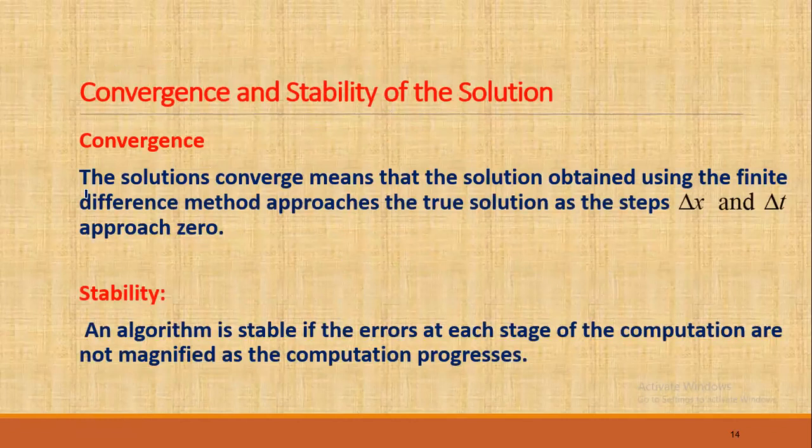So the convergence means that the solution obtained using the finite difference method approaches the true solution as the step sizes delta x and delta t approach 0. And the algorithm is stable if the error at each stage of the computation is not magnified as the computation progresses.